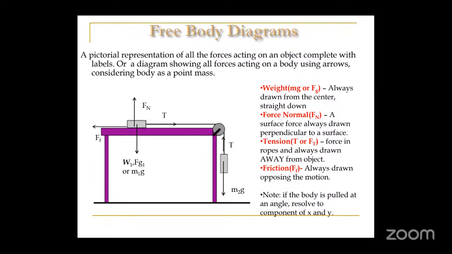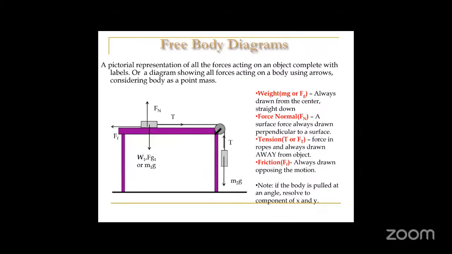We have the normal force, which is pointing upward. This normal force is a result of the force exerted by the horizontal table or plane. We also have the weight force pointing downward.